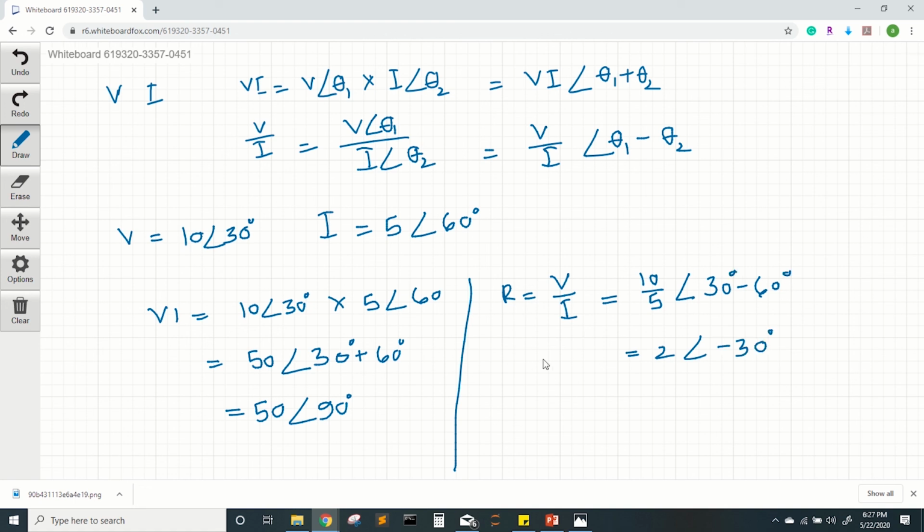So it's very easy for multiplication and division operations, because we don't need to convert the polar form to rectangular form, so it takes less time than addition and subtraction operations. So okay.